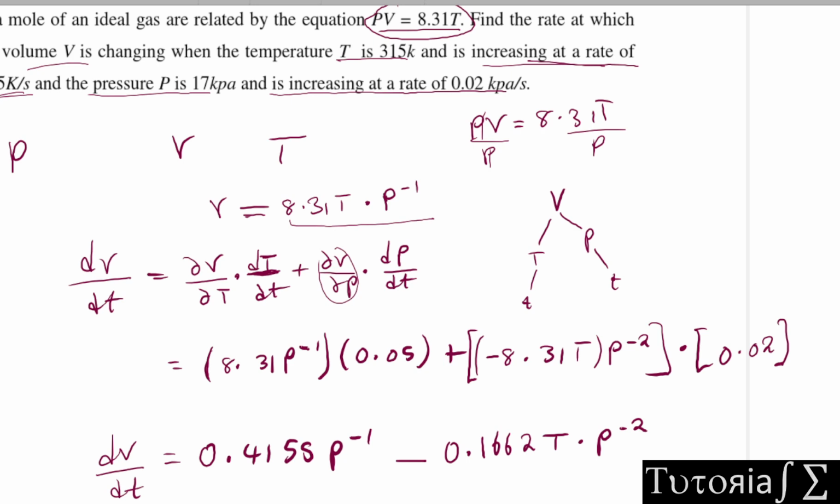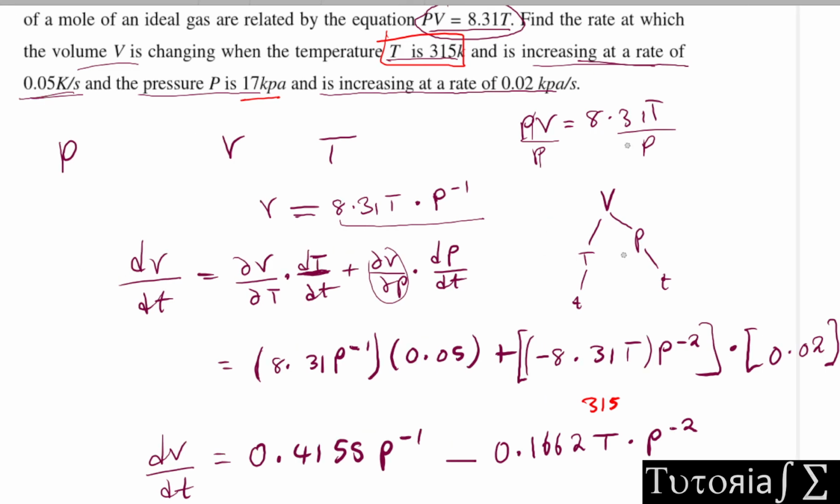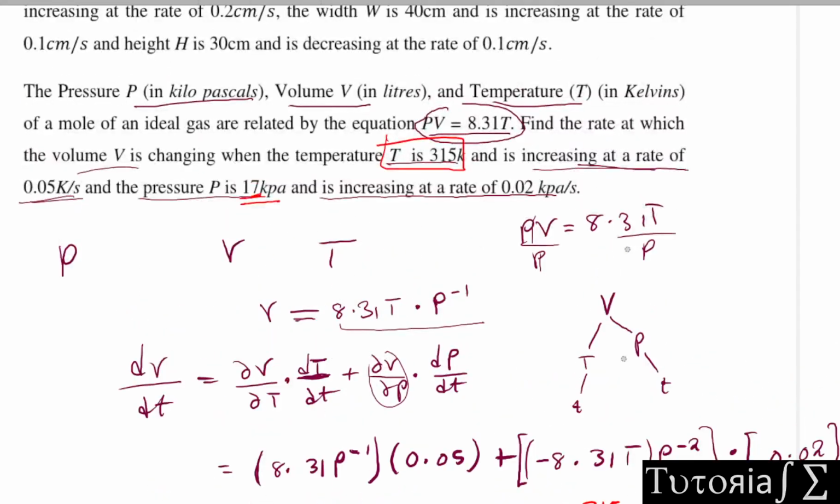Now we have been given the values of temperature and pressure. Temperature is 315, and the pressure is 17 kilopascals.